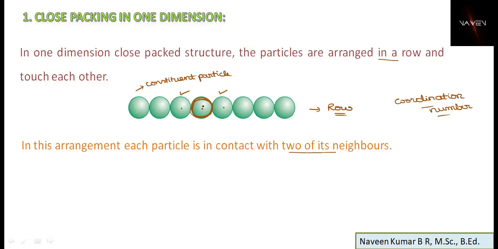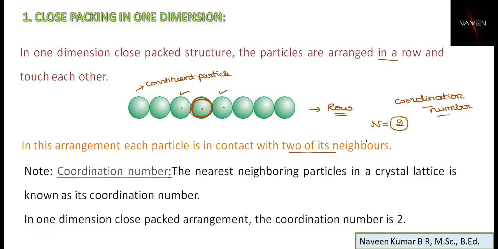Now in one dimension, each particle is in contact with two of its neighbors, hence its coordination number in one dimension will be 2. That will be indicated as n is equal to 2, where n we can consider as the coordination number, just to give a significance here. So we'll try to understand again.